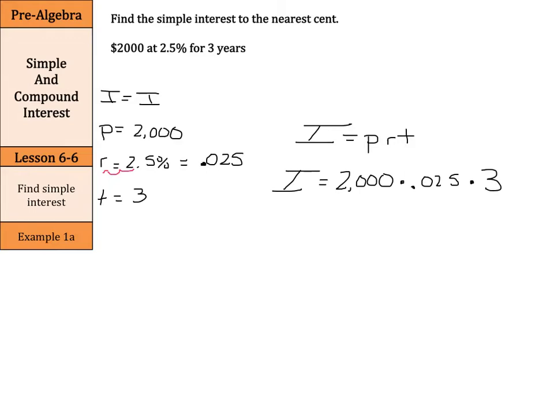And once I multiply those 3 numbers together, I get 150. No need to round to the nearest cent here. I'm just in simple dollars, so $150 is my answer. So one of the keys here, check to make sure your time is in years, then it is, and get your percentage into a decimal form.